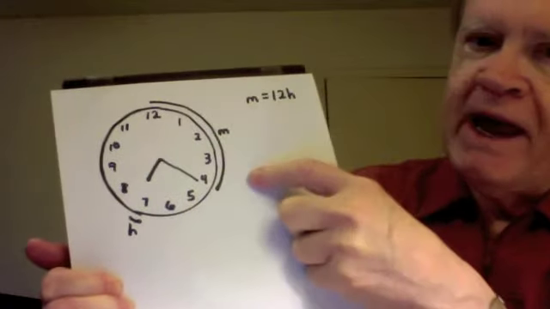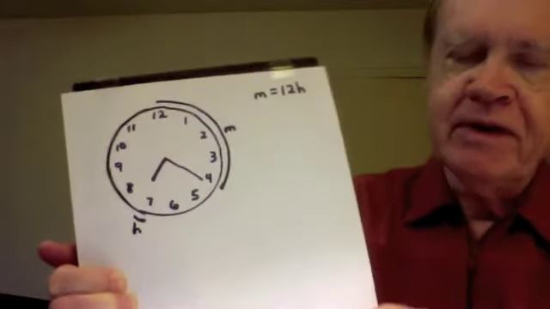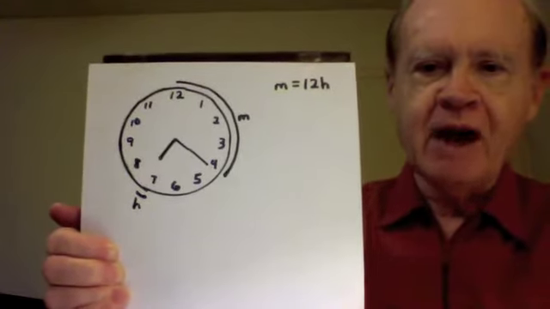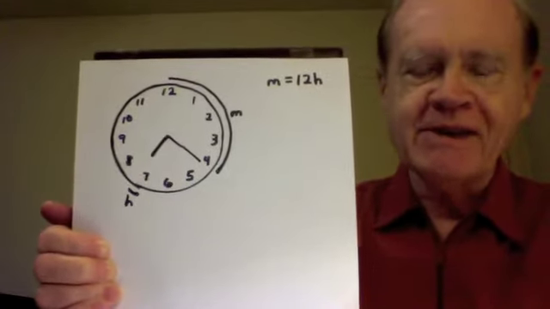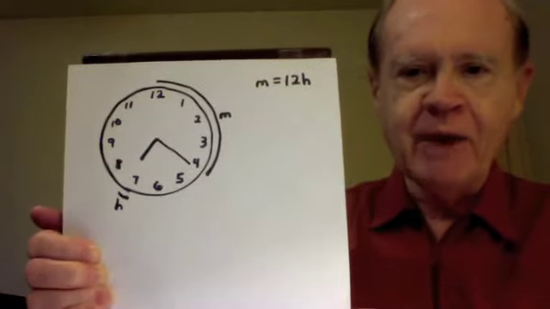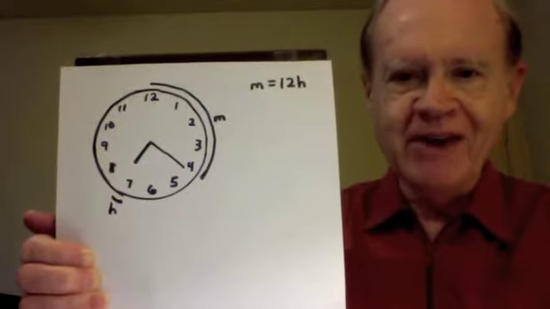This represents M. This represents H. In any period of time, the minute hand of a clock moves 12 times as fast, 12 times as far as the hour hand. And so we have this equation, M equals 12H.